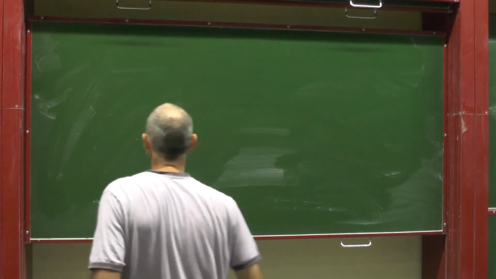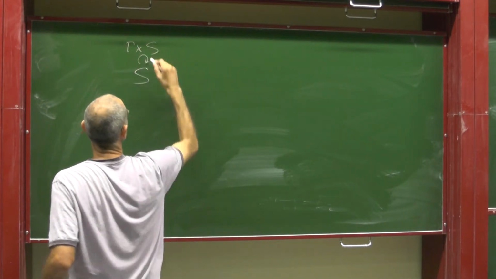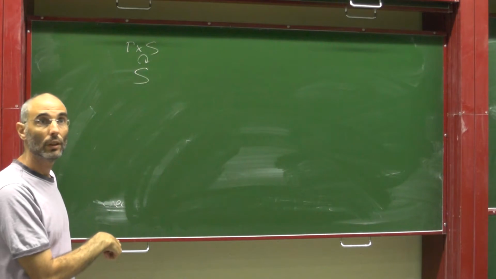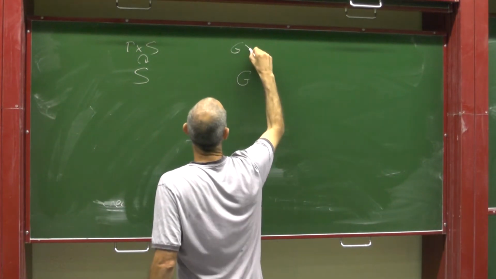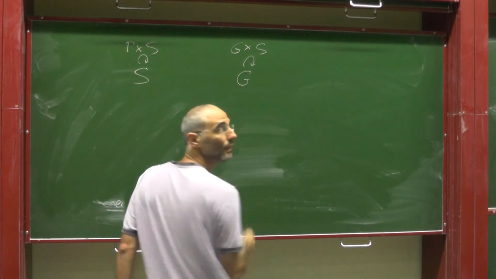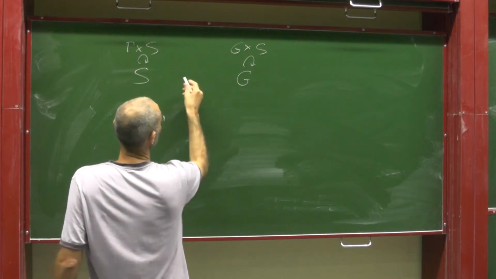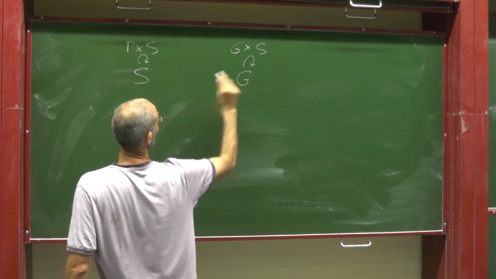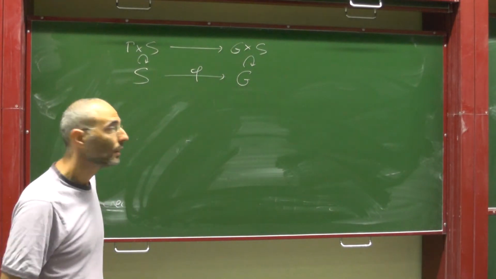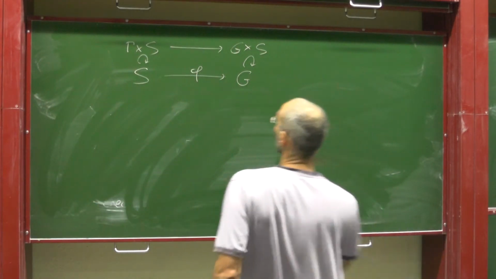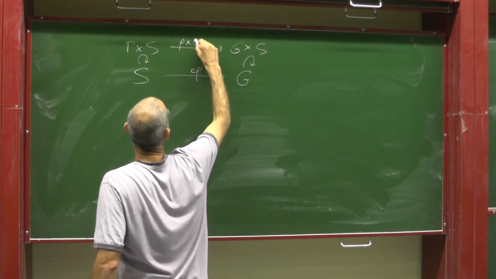So let me write again. Gamma times S act here: gamma by left multiplication, S by right multiplication. G times S act here: G by left multiplication and S by right. I have this phi. And now I got a map, rho times, let me denote it, theta.